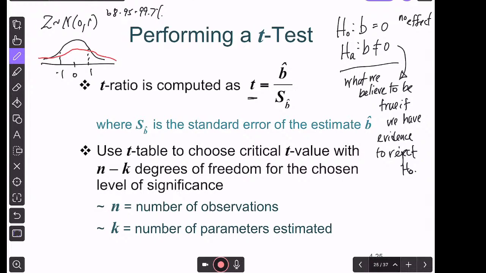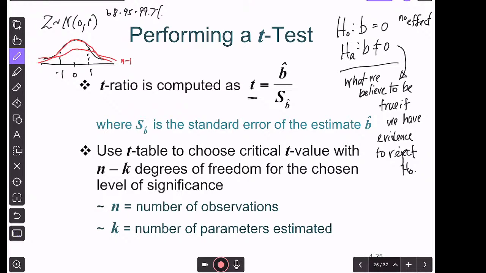Something like that. It's flatter for, you know, n minus 1, so for degrees of freedom, where degrees of freedom determine the peakedness of it.